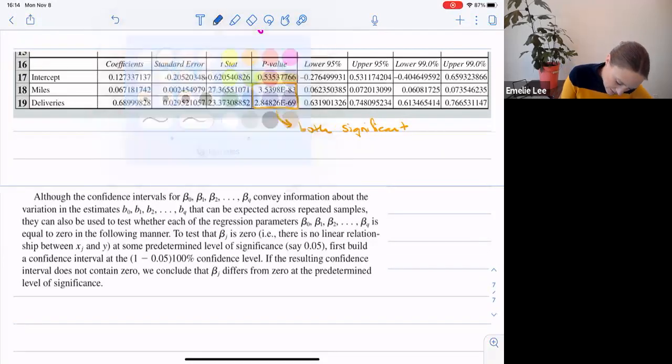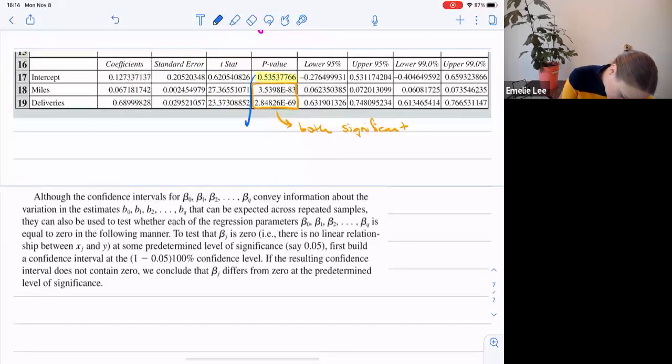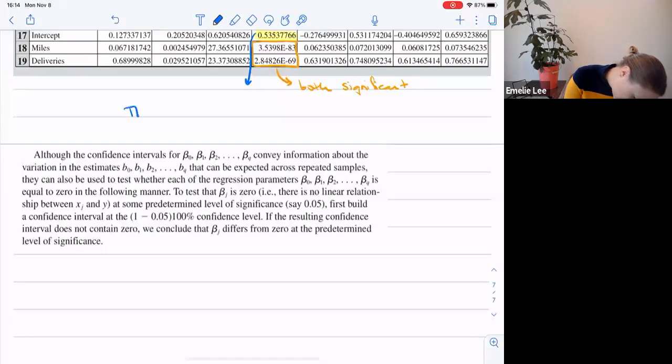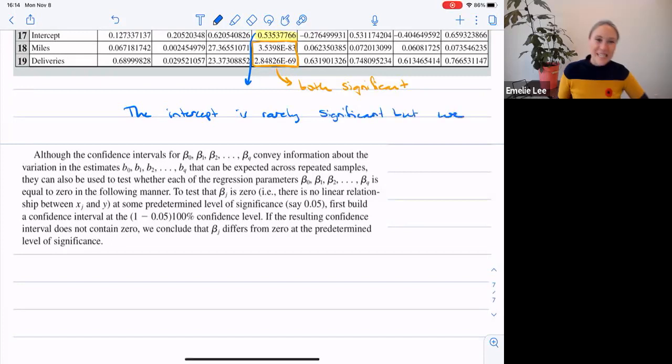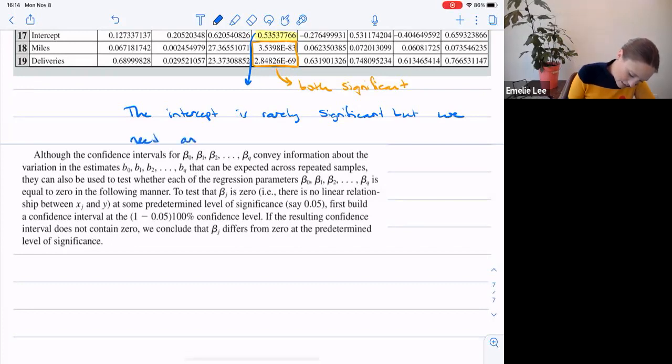And so what we're going to see is that the intercept is rarely significant, but we need an anchor, right?